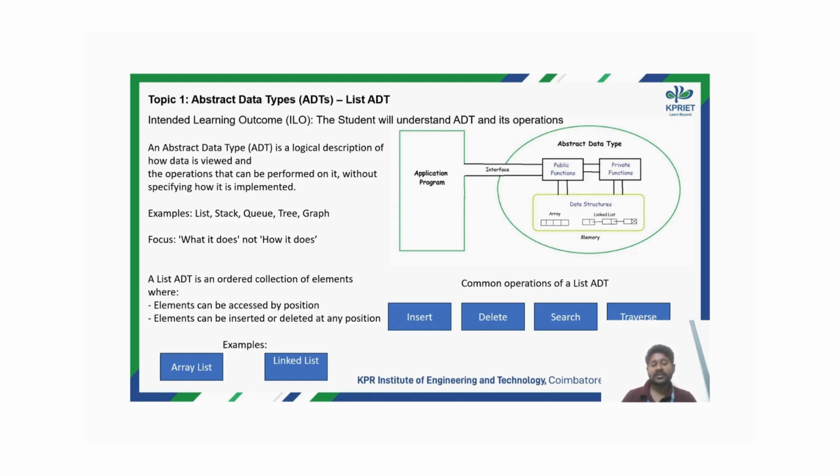These elements can be accessed by their position, or in other words the address, and these elements can be inserted or deleted at any position. Those operations can also be done in the list ADT. The operations of list ADT are insert, delete, search, and traverse. Traverse is nothing but displaying or showing the elements.